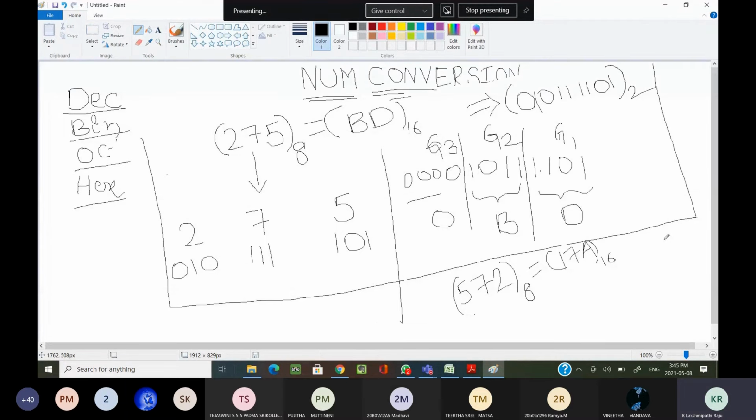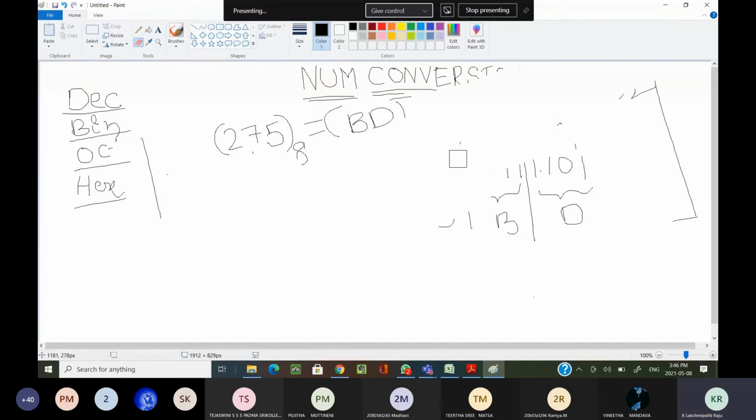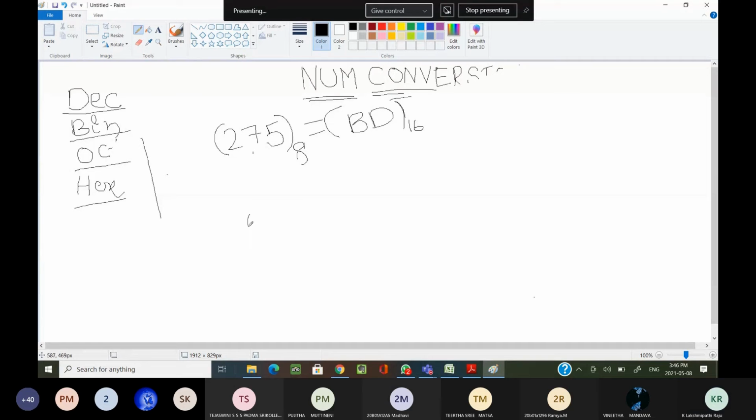Now, the second procedure to convert an octal number into a hexadecimal number is to convert this octal number into decimal.